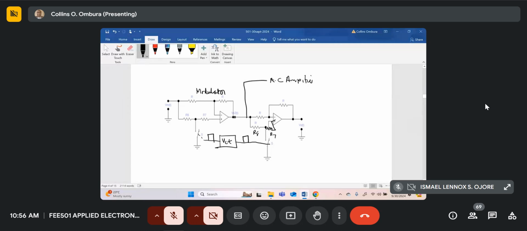This is another implementation of a positive gain, negative gain amplifier. Sorry, this is an implementation of a chopper stabilized amplifier using a positive gain, negative gain amplifier.